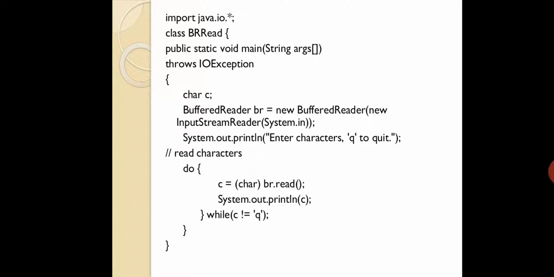By default it will be in a different type, but ultimately you have to store that data as a character, because you have declared c as a character type, char c. So you are explicitly converting the type. Let me give one simple example for type conversion. Say, for example, you have declared one variable with the data type float.